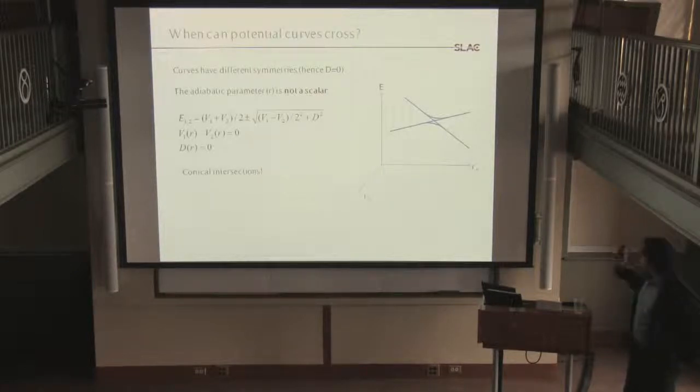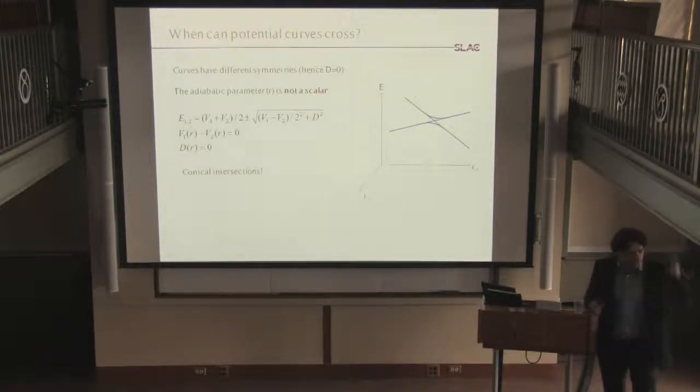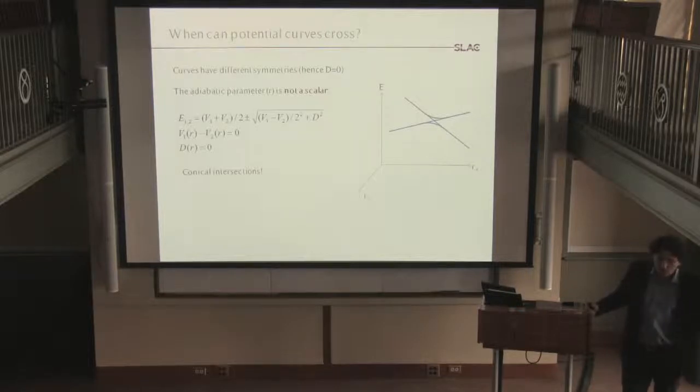Let's ask, when can these curves cross? So there is the boring case where they have different symmetries, so obviously they don't talk to each other. But another case is when the adiabatic parameter, which is R in this case, this coordinate, is not a scalar, rather a vector of some dimensionality.